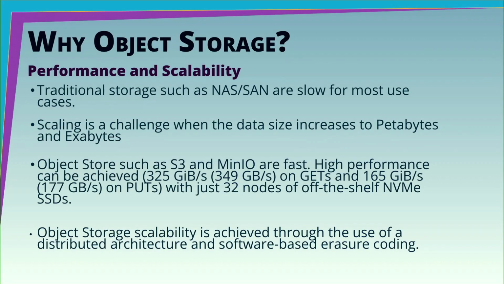So why do we want to use object storage versus a traditional store such as SAN and stuff, right? Normally, as the capacity needs increase when you scale, it most of the time becomes cost prohibitive. If the size is, let's say, a couple of gigs or even a couple of terabytes, you might be able to get away with a traditional SAN or NAS storage.